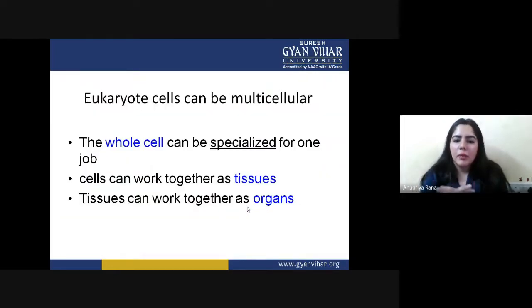So they can be multicellular, and because of this multicellular feature of the eukaryote cell, they become suitable for specialized jobs, because cells can work together as a tissue, and tissues can work together as an organ, and organs can work together as an organism, and this is the key dogma for all the processes in the organism system.